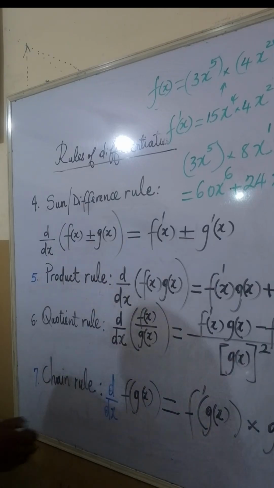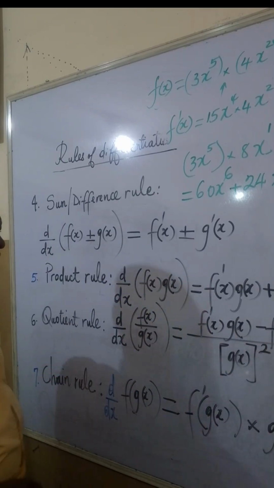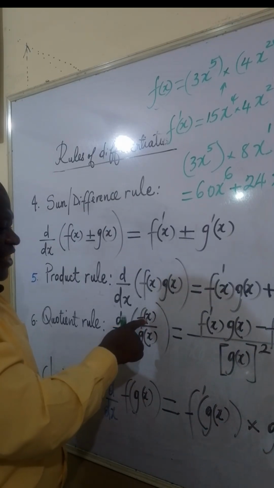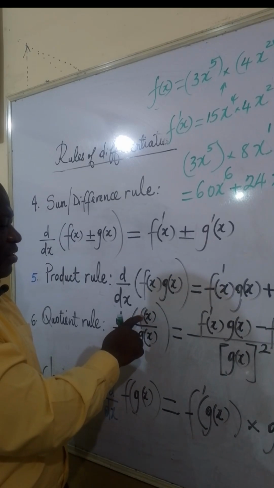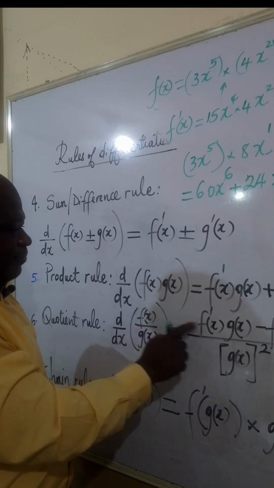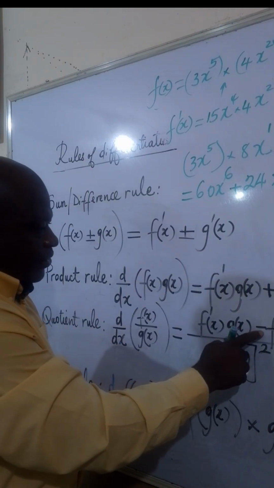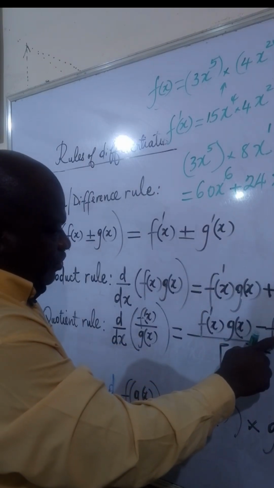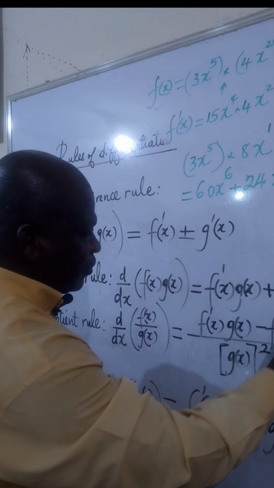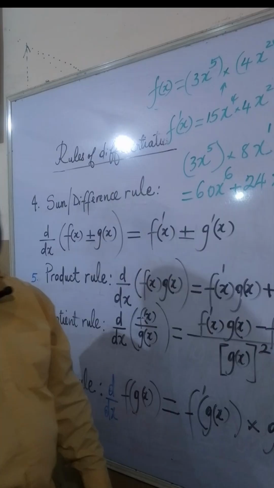In the quotient rule, here we have a fraction. How do you differentiate this? Always start with the numerator. Differentiate the numerator first. So that's f prime of x times the denominator minus f of x, which represents the numerator, times the differentiation of the denominator, all over the denominator squared.